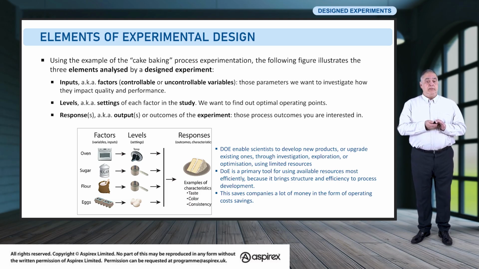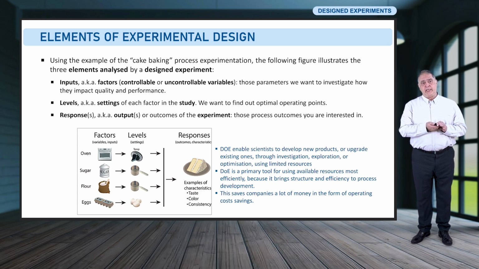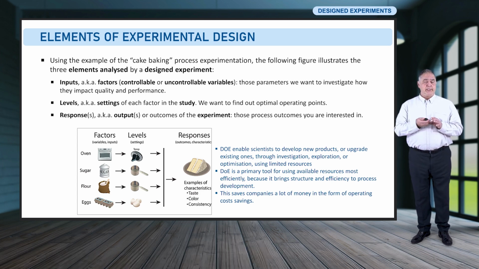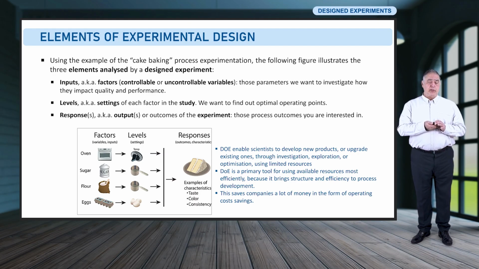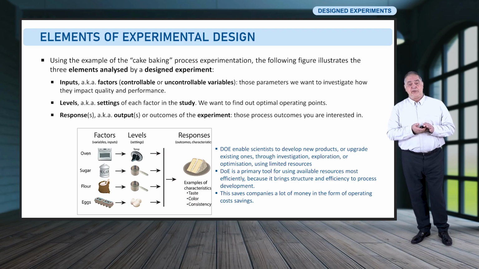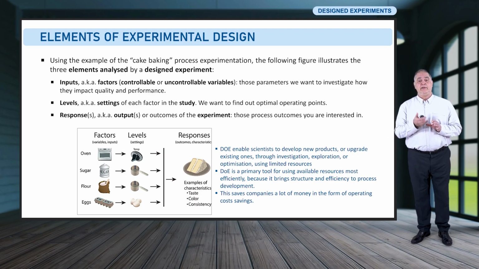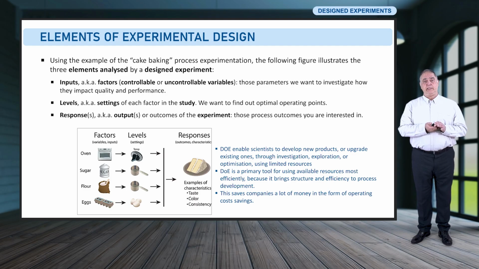About the flour, again, we can have a measuring cup. And about the eggs, we have to determine what is the number of eggs that we're going to use in the recipe. And in the case of responses, we have a baked cake that is ready to be consumed. And the characteristics of the cake can be described as the taste, the color, the consistency, etc.